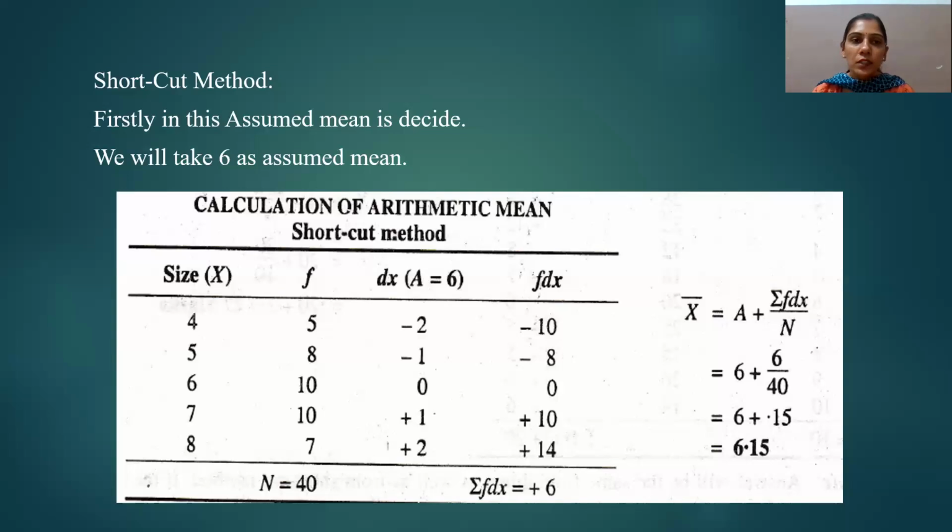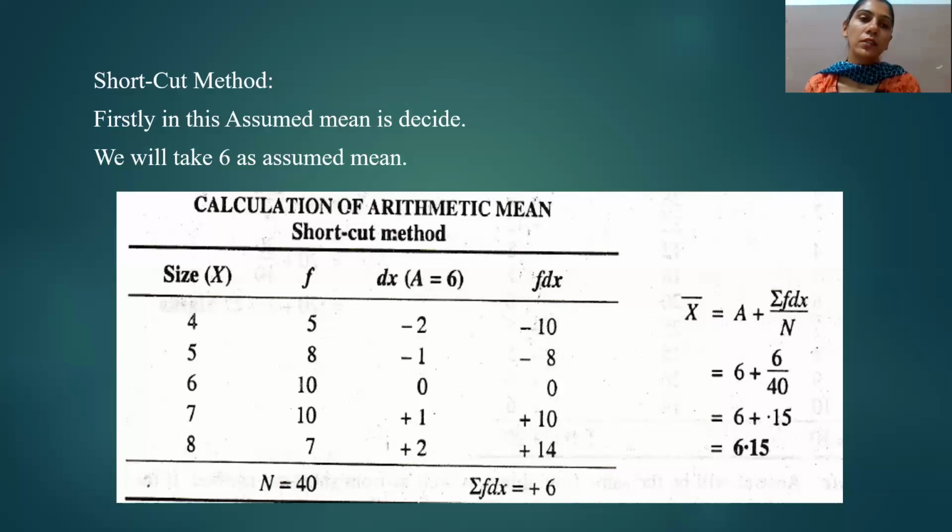But it is very easy to calculate the mean under the direct method as compared to the shortcut method, because in the shortcut method we first have to take an assumed mean, then calculate dx, then fdx, and then do the sum of all the values.